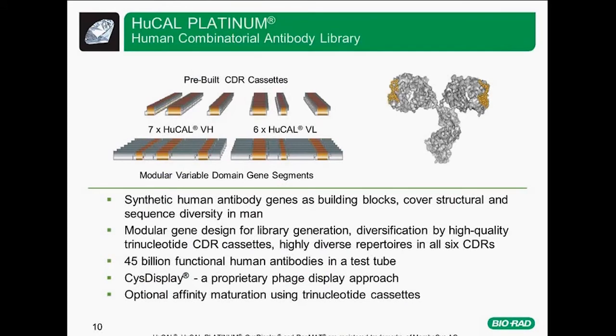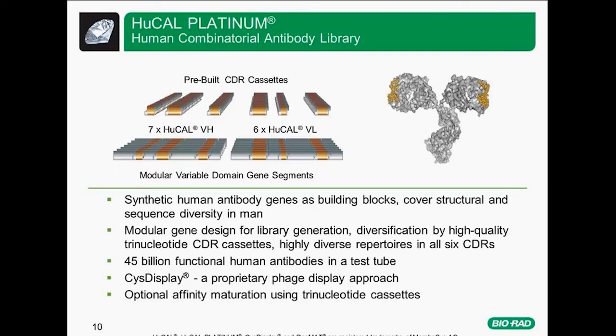Now, how do we generate these different anti-idiotypic antibodies? We use a recombinant technology, phage display library, which is called HuCAL Platinum, and HuCAL stands for Human Combinatorial Antibody Library. This is a synthetic library.